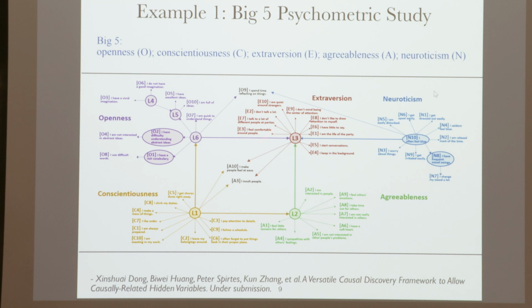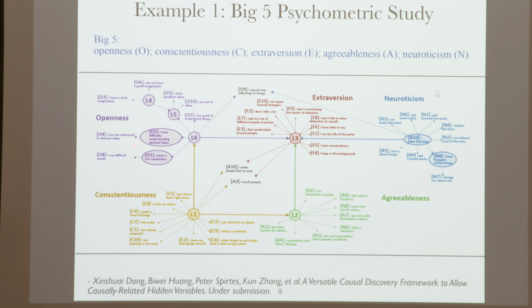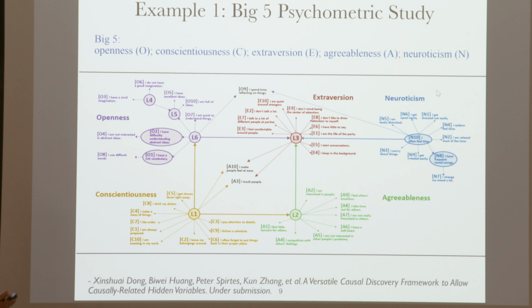Firstly, we find that those questions which are supposed to be in the same cluster, which are supposed to reflect the same dimension, are clustered in the same cluster. You can see they are illustrated with different colors, which is consistent with the psychology literature.